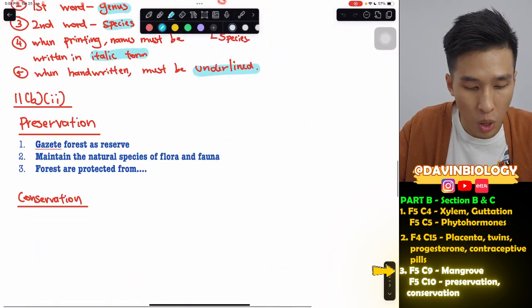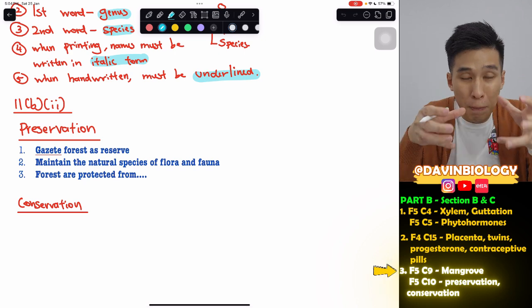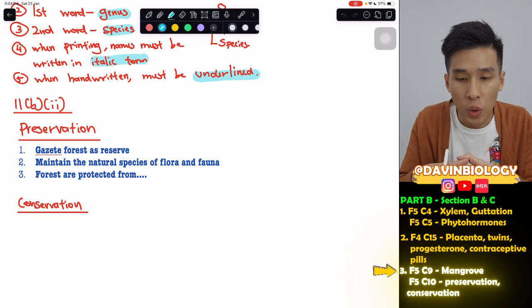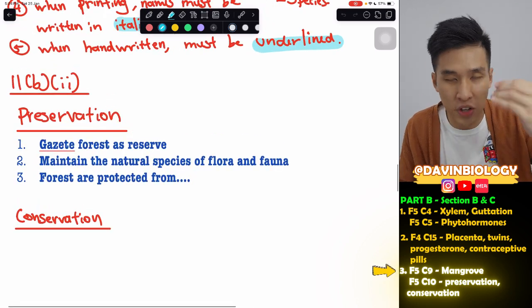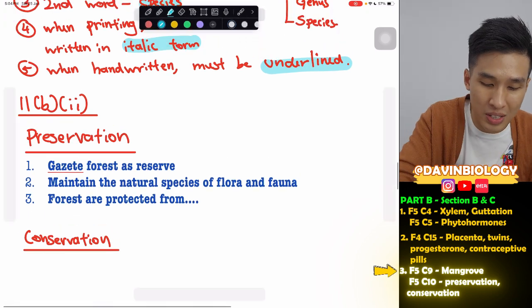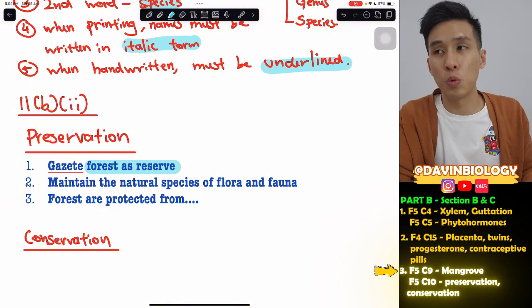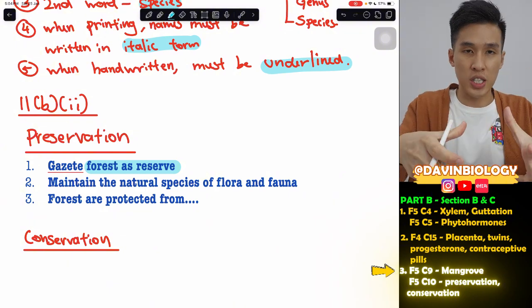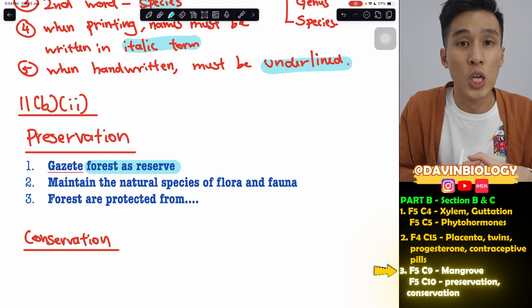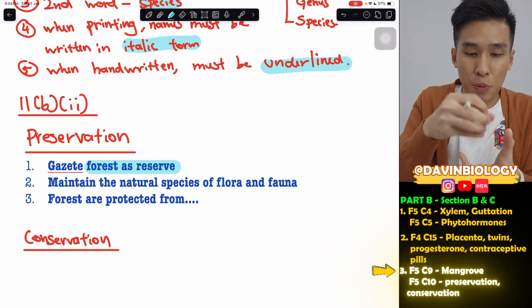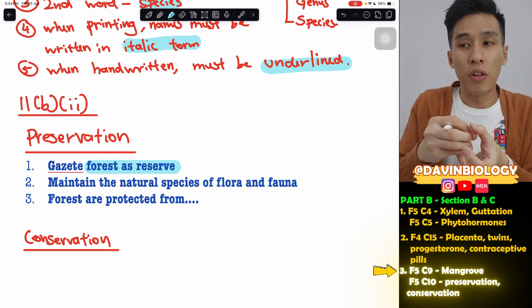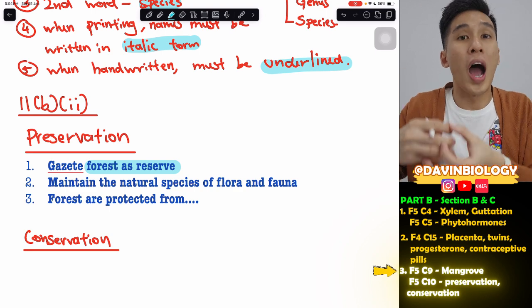Preservation means what can we do to preserve, protect. The preserve is actually very simple, because all you have to do is gazette forests as reserve. Meaning government has to set aside certain forests and say this forest is protected, nobody can come in. So if you do so, the animals, the natural species are not being exposed or harmed by people.